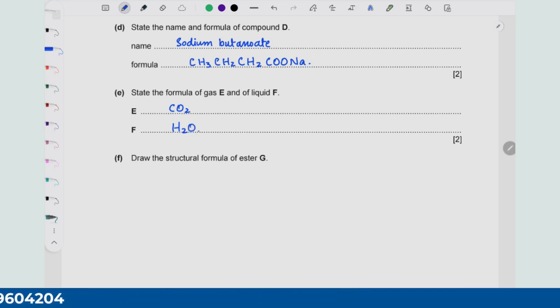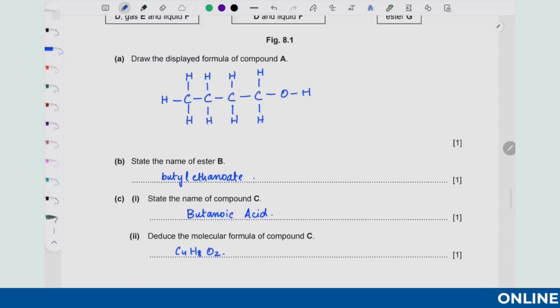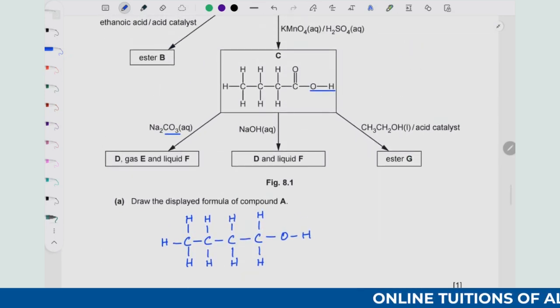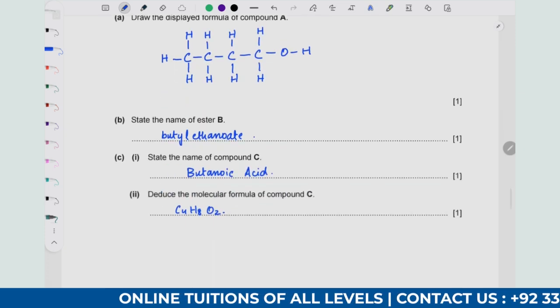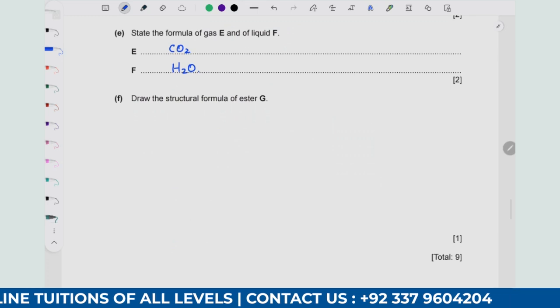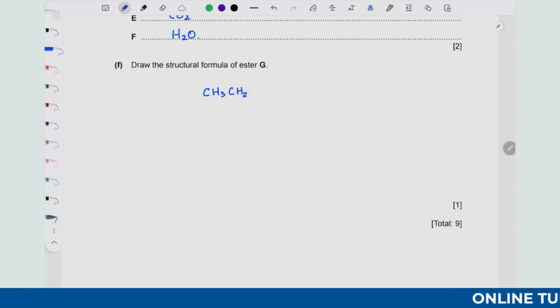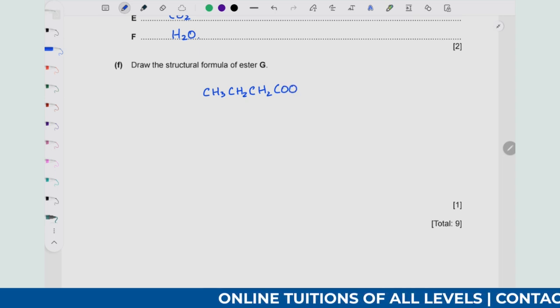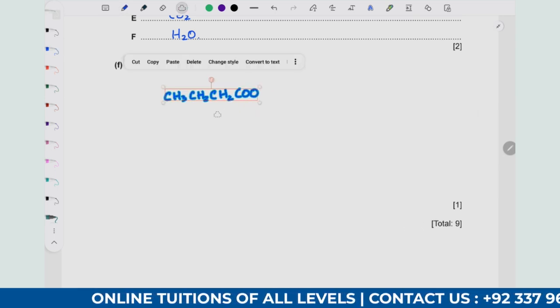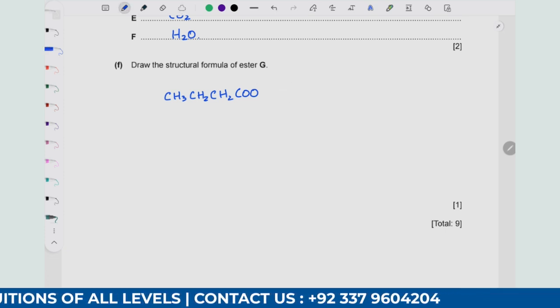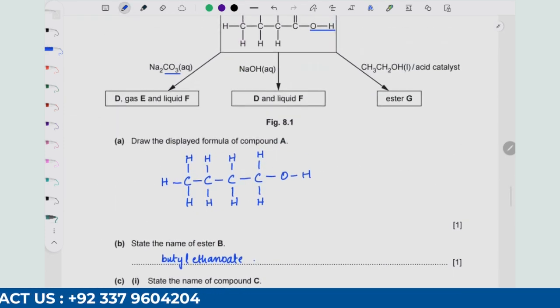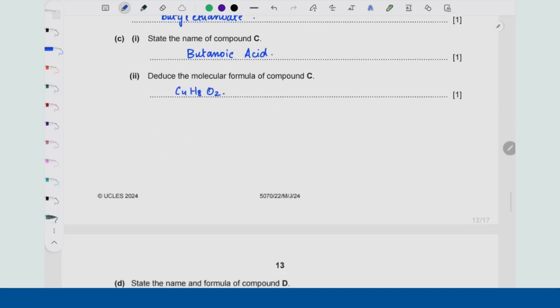Draw the structural formula of ester G. Ester G is produced by the reaction of butanoic acid with CH3CH2OH. So the structural formula of the ester produced will be CH3CH2CH2COO, that would be our butanoic acid part, and now the part of our alcohol, which is CH3CH2.